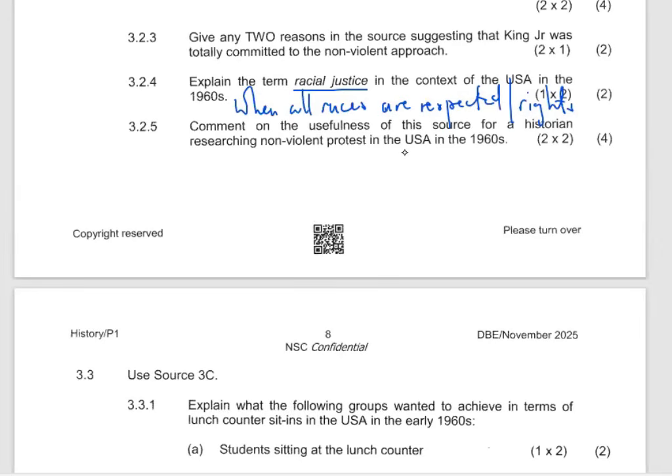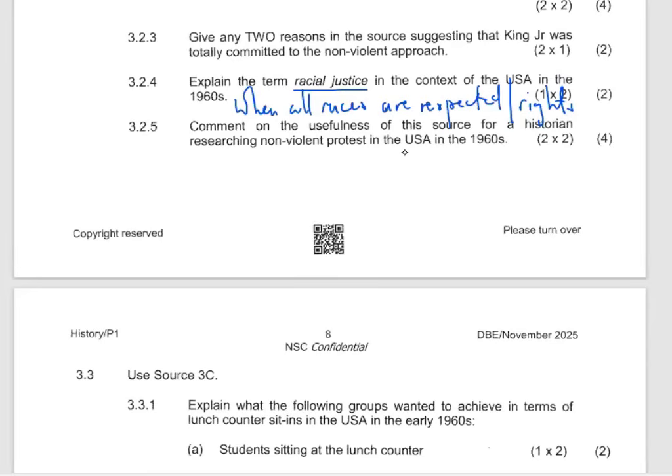That is a situation of racial justice. Or we can talk of fair treatment of all races. Despite racial differences, all races must be treated fairly. That is racial justice.